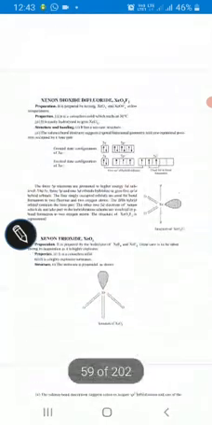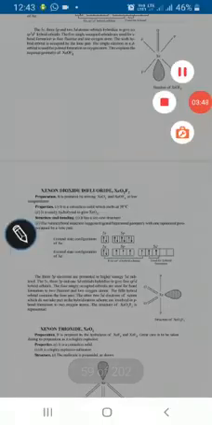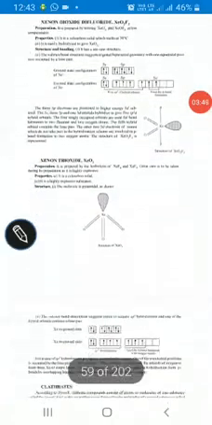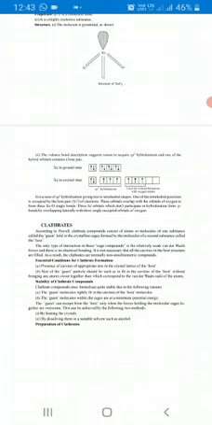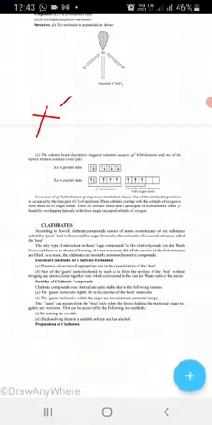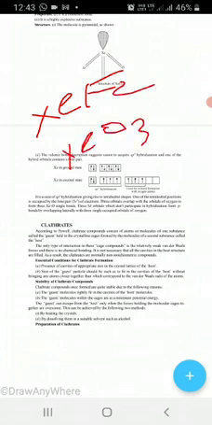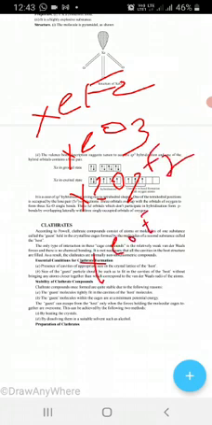These notes are shared in your group, so all of you have to follow the notes and make a note of all the xenon compounds. Only important questions from this chapter will be about xenon compounds. What are xenon compounds? The combination of xenon with either fluorine or oxygen, sometimes oxygen and fluorine, like xenon dioxydifluoride, xenon oxydifluoride, xenon oxytetrafluoride.